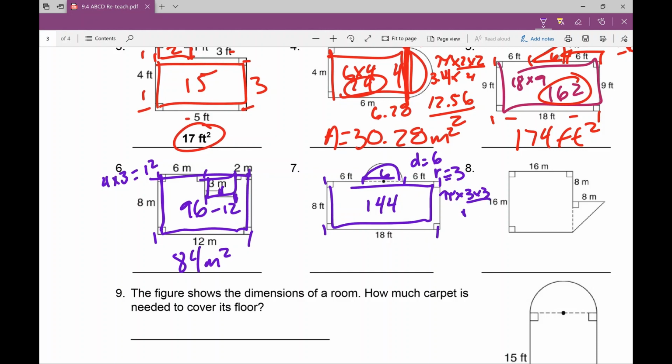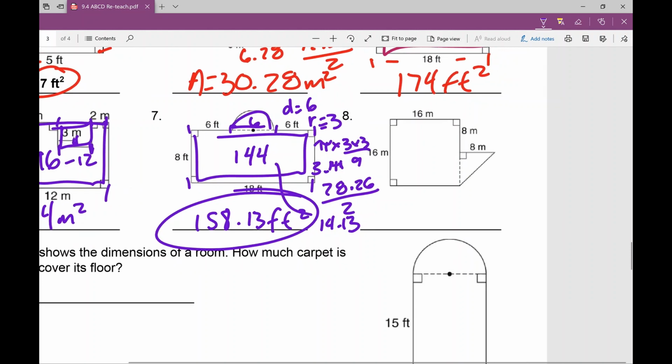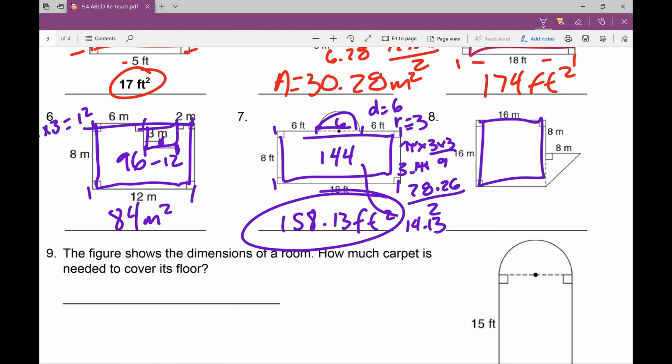This is 9 times 3.14. 9 times 3.14 gives me 28.26. However, I only have half of the circle, so I gotta divide that by 2, which is 14.13. When I add that to the 144, I get 158.13 feet squared.